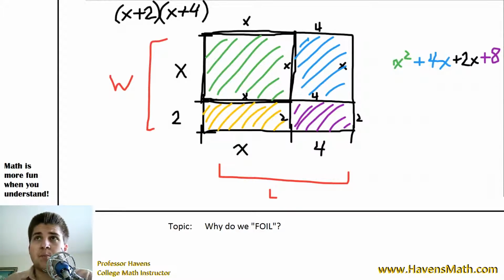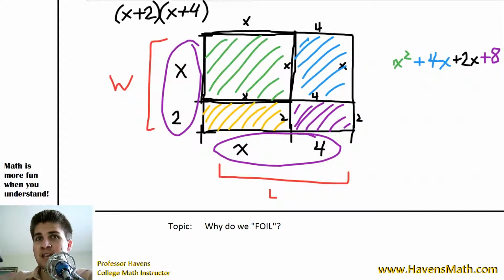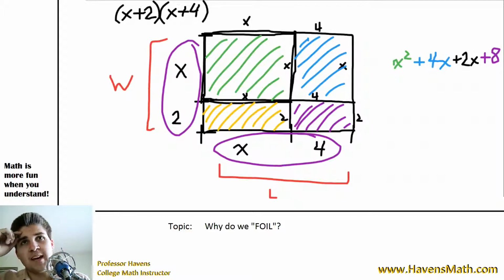And so here's the point. When we multiply a binomial, like in this case x plus 2 on the left, by another binomial x plus 4, if we try to visualize what's happening with these complex polynomials, we actually get a lot of different segments and portions. So we have to make sure that we take every number in our binomial and multiply by every number in the other binomial.